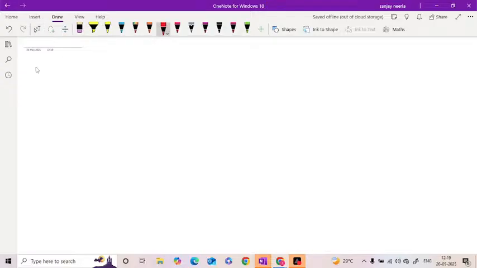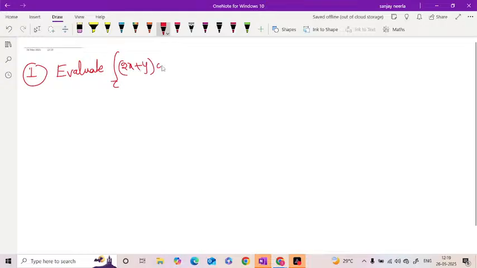Now the first question here: evaluate the line integral of (2x plus y) dx plus y square dy plus (x plus z) dz.